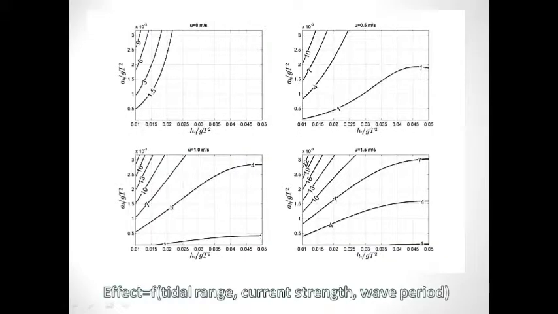These graphs, there are 4 graphs for 4 tidal current speeds. On the horizontal axis, you'll see a normalized water depth, and on the vertical axis, you will see the vertical tide.